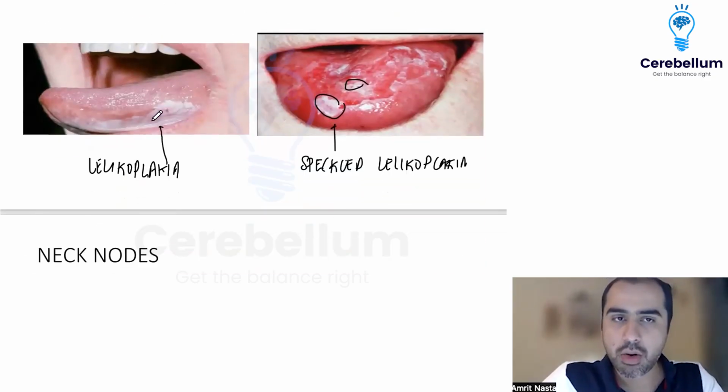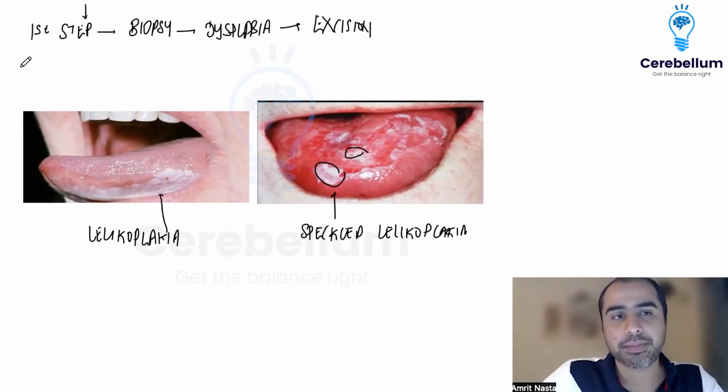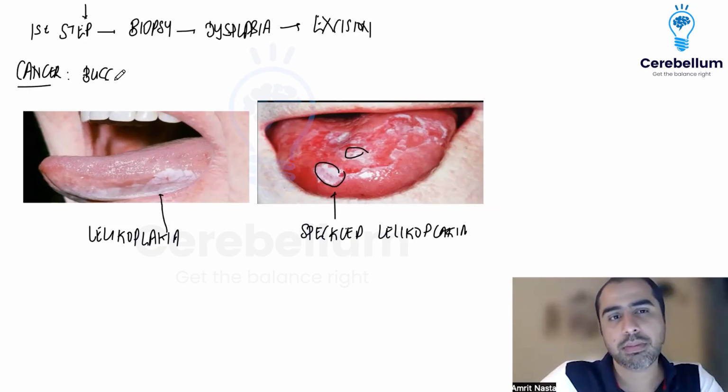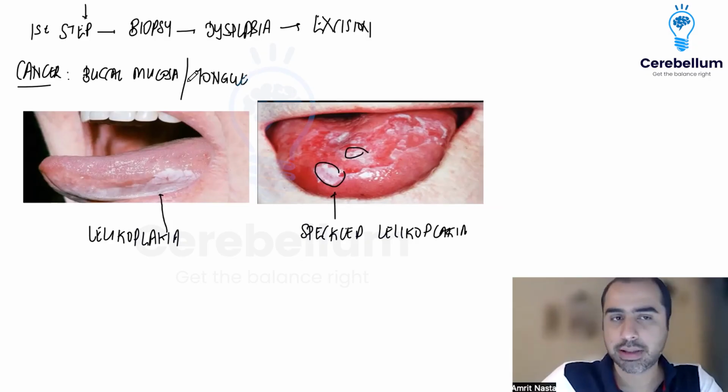Okay. Now, when I get an oral cancer, now we talk about cancer. Usually, oral cancer will happen in India at the buccal mucosa. So, India में it is buccal mucosa. Worldwide it is tongue. These are the two common sites.